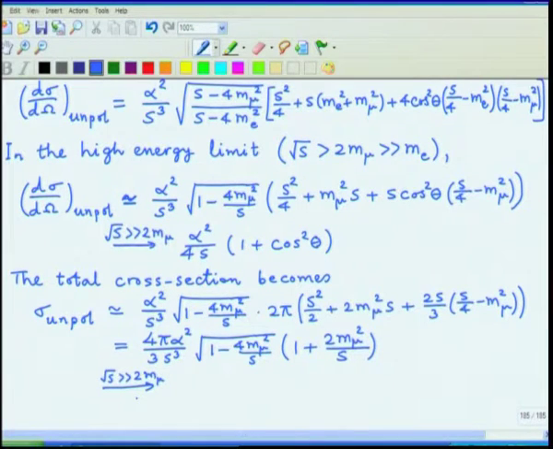root s becoming much larger than 2 mu is rather trivial. It is, again I cancelled some factors, there is no cube here.